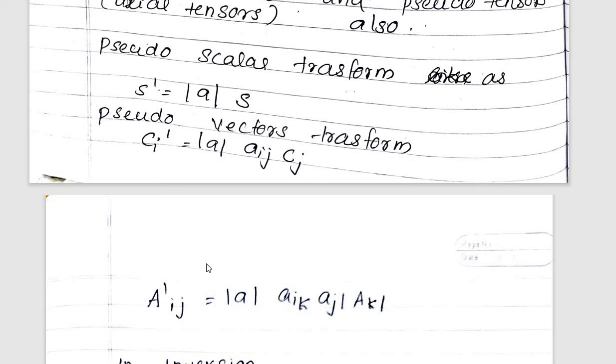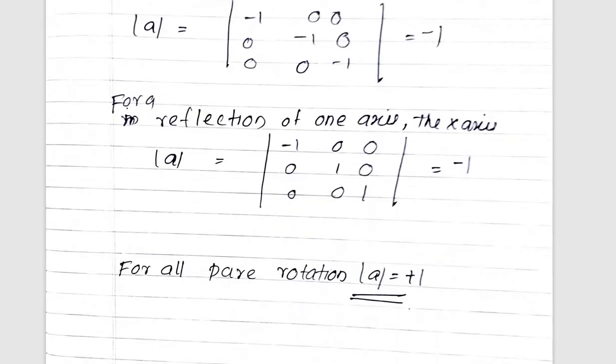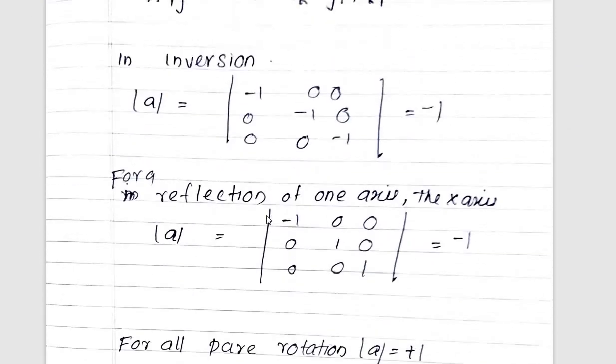So there is an additional term for pseudo tensors, and the determinant's value is like this. In the case of inversion, the determinant has minus 1 0 0, 0 minus 1 0, 0 0 minus 1, and its value is minus 1. In the case of reflection, the determinant has minus 1 0 0, 0 1 0, 0 0 1.